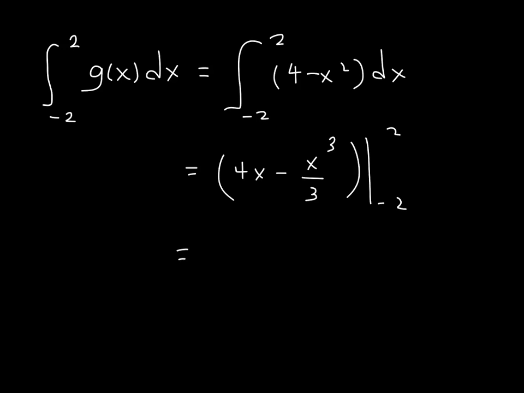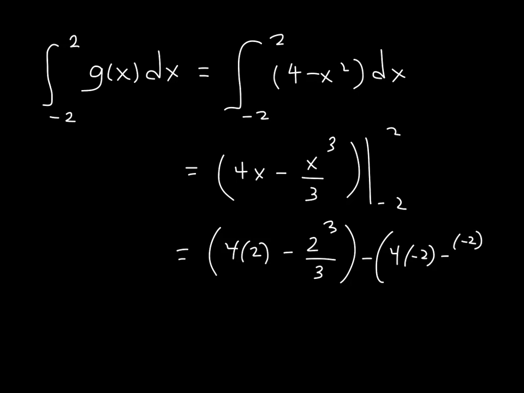That's an antiderivative. So then this is 4 times 2 minus 2 cubed over 3. A lot of this arithmetic we've done already. So all of that minus, and then 4 times negative 2 minus negative 2 cubed over 3. Very good. So then this is 8 minus 8 thirds, and this is going to be positive 16 thirds.